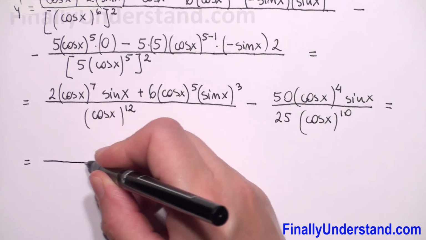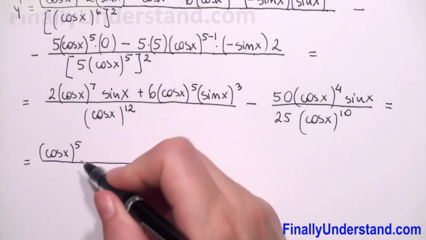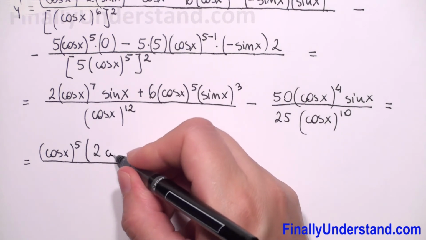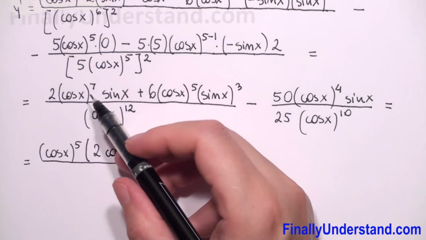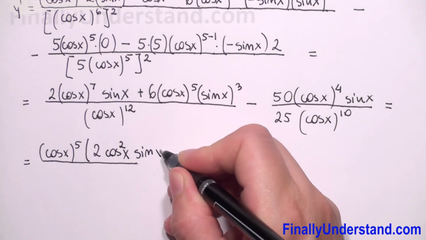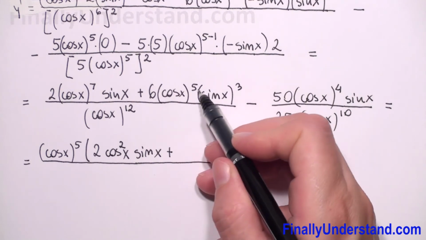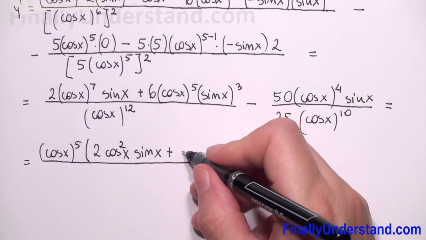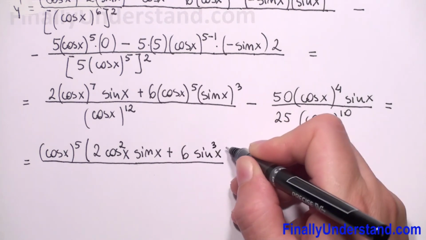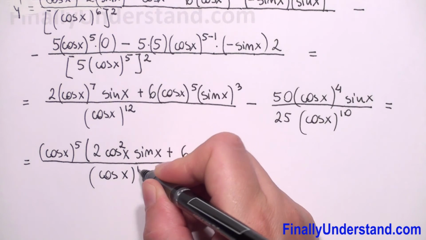So this is equal cosine of x to power 5, and in parentheses we will have 2 times cosine of x to the second power times sine of x plus, now we don't have this whole expression cosine to fifth power, we have only 6 times sine of x to power third over cosine of x to power 12.